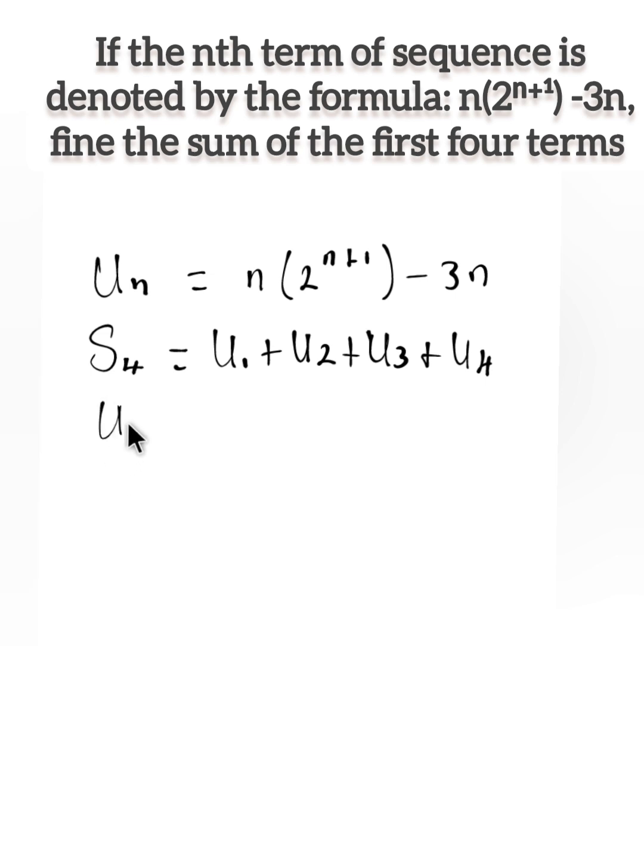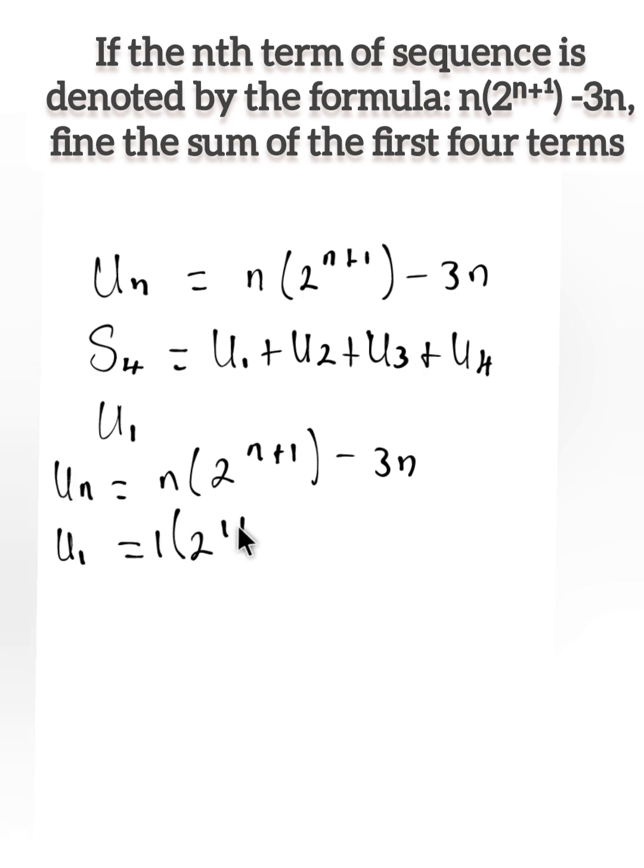So for U1, Un is equal to n times 2 to the power n plus 1 minus 3n. Hence, U1 will be equal to, we're going to substitute 1 for n, 1 times 2 to the power 1 plus 1, minus 3 times 1.